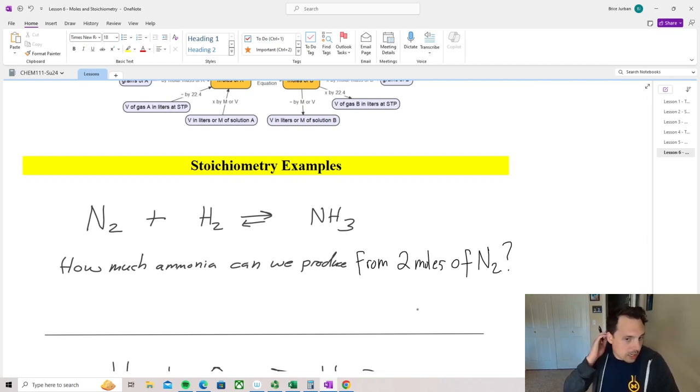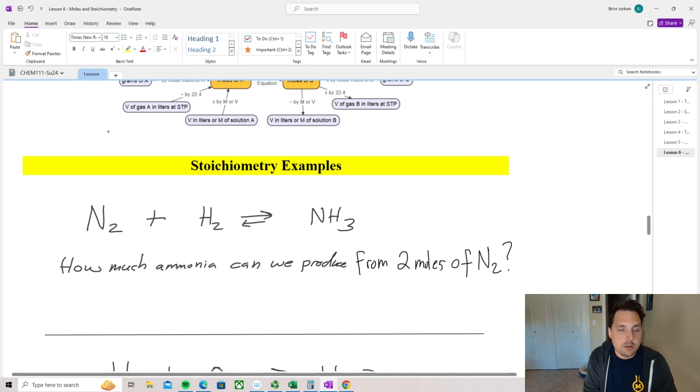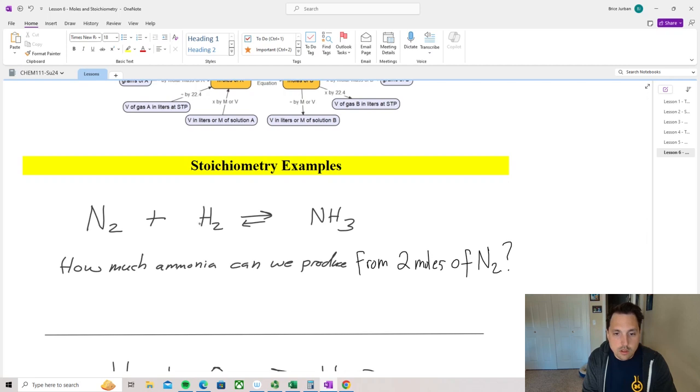So if you looked at this, you might think the answer is just 2, but we need to balance the reaction first. None of them that I'm going to give you to begin with here are balanced, so we need to practice this. Well, the nitrogens here could be balanced first. If we do so, we can put a 2 here. And then we want to balance the number of hydrogens.